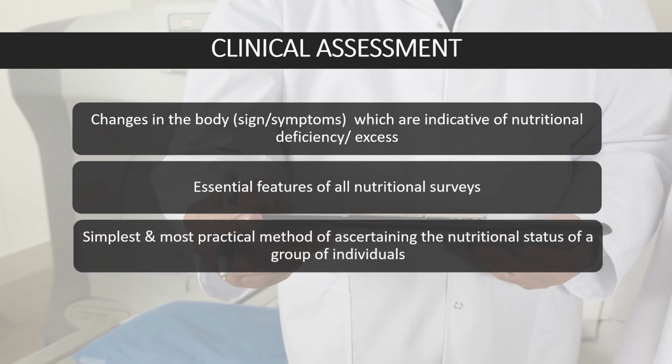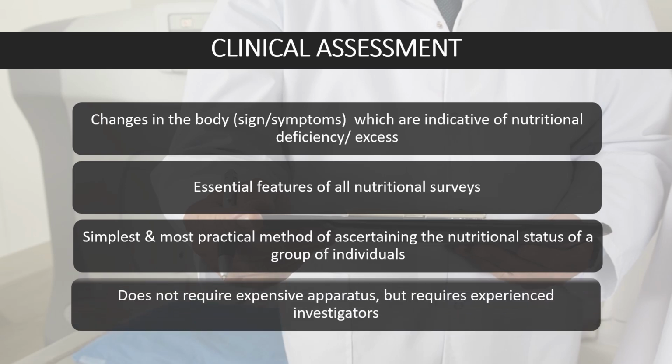It is the simple, most practical method of ascertaining the nutritional status of individuals, but it requires experienced hands or a trained workforce to be able to identify these signs and symptoms.